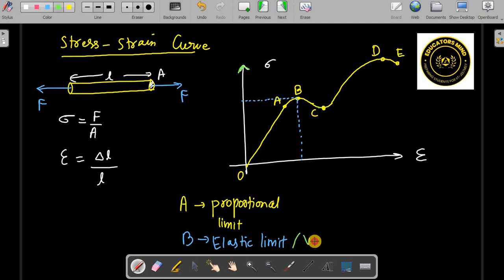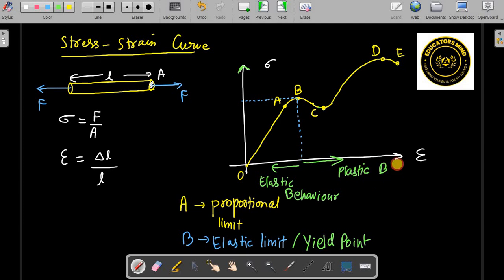This is also known as the yield point, because after that plastic behavior starts. Before that is elastic behavior. After the yield point, plastic behavior.